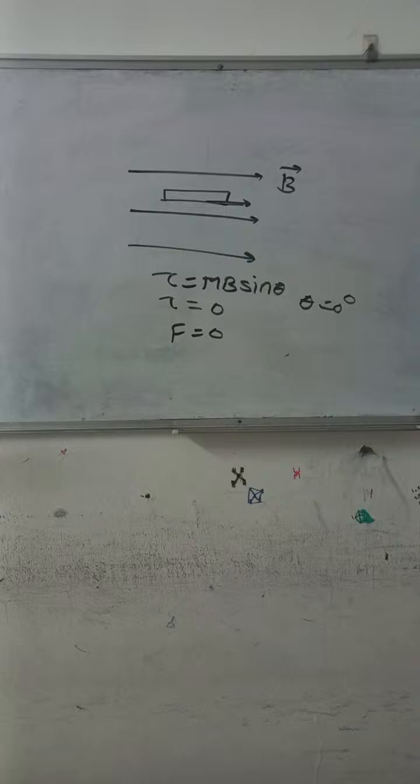Third, the tangent at a point on a magnetic field line represents the direction of the magnetic field at that point. And two magnetic field lines may intersect with each other. So they are asking which statement is the correct statement.